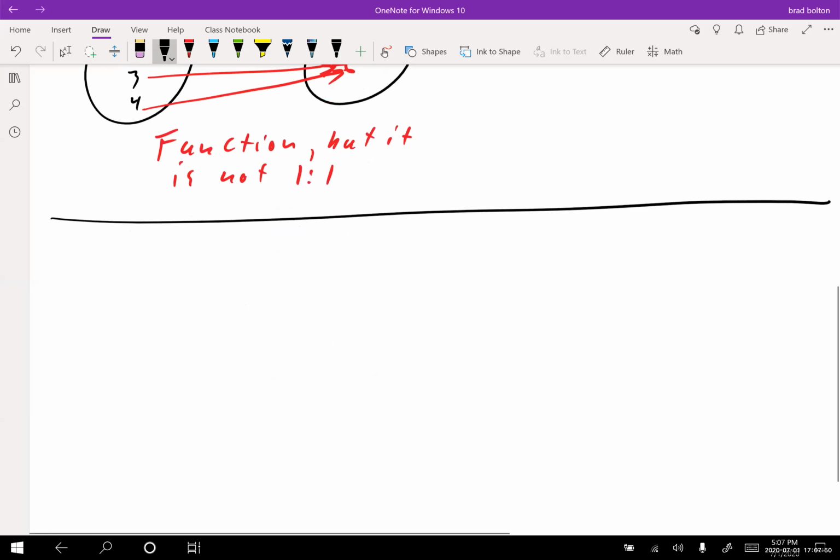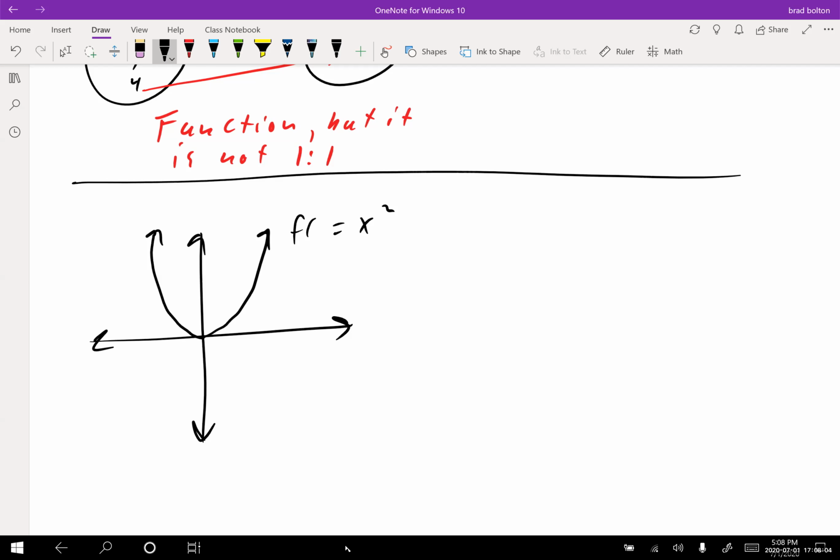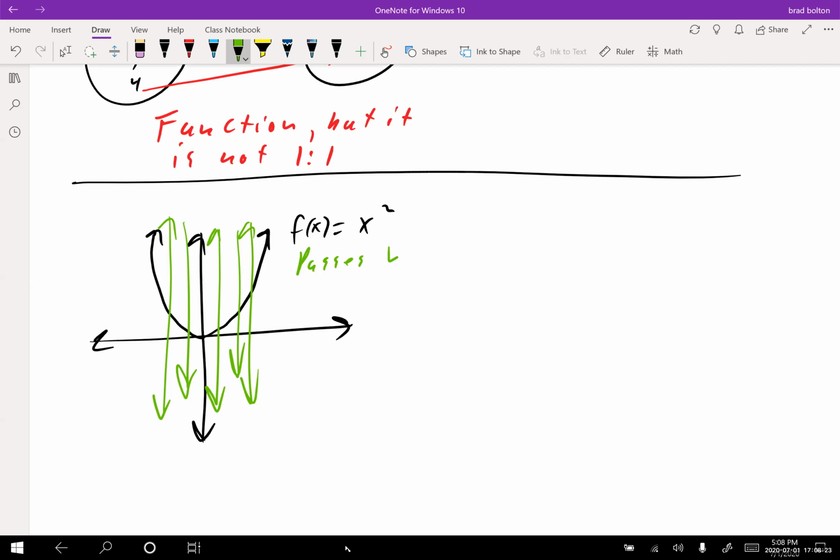Now there's a way you can look at a function and tell if it's not one-to-one. Let's say we take our basic parabola, y equals x squared, or f of x equals x squared. This is a function because I can draw my vertical line anywhere I want, and it will pass the vertical line test.